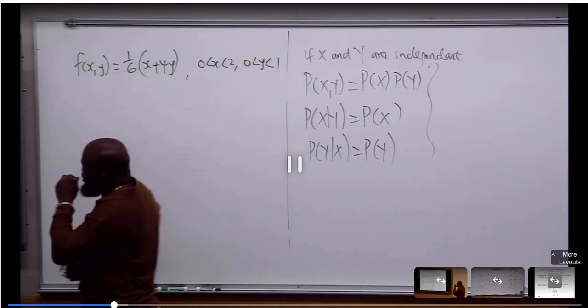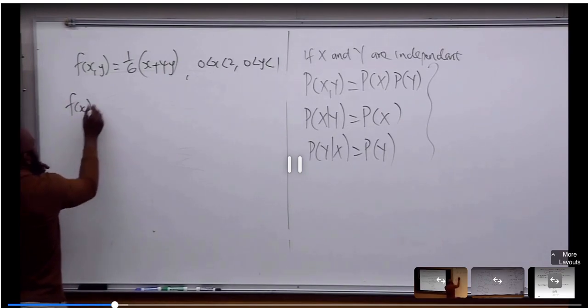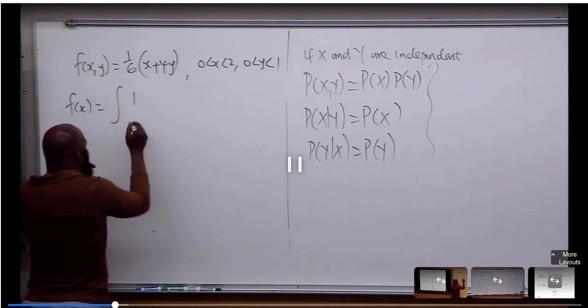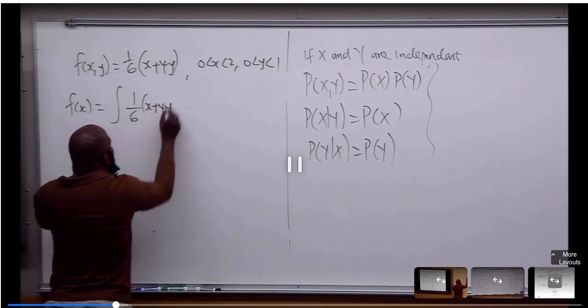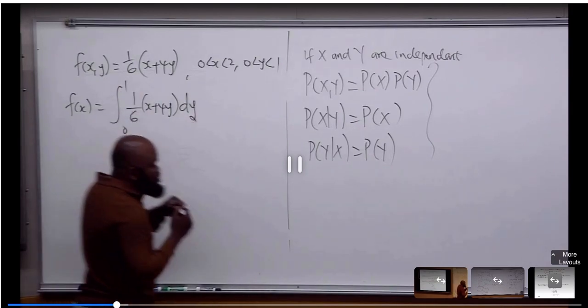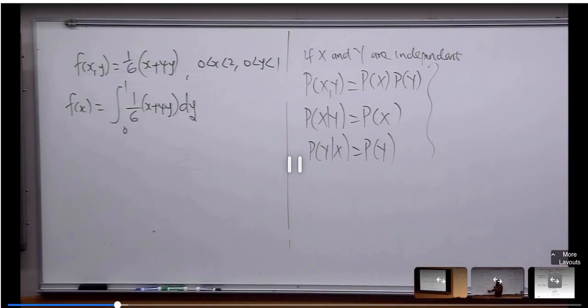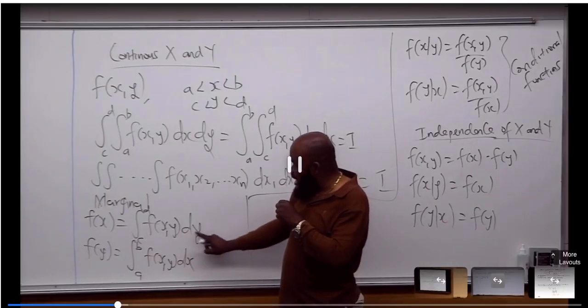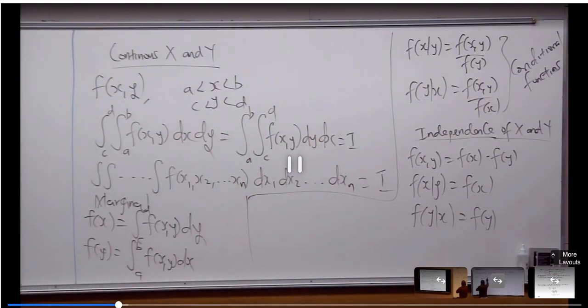Now when you take a look at that, you want to find f of x. So what you're going to do is integrate 1 over 6 times x plus 4y, dy, using the range of y, 0 to 1. Now I want to integrate with respect to y.